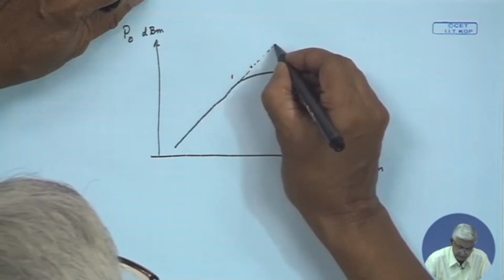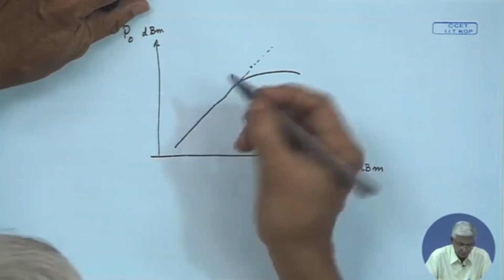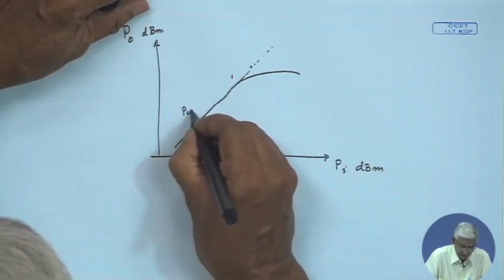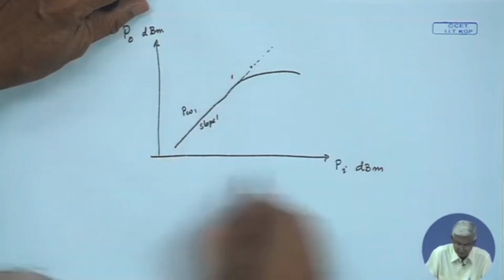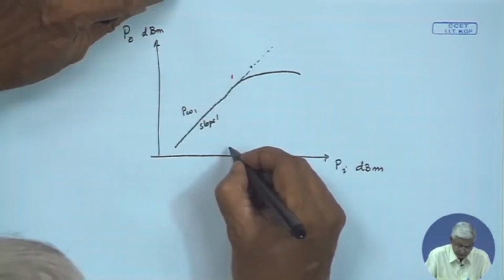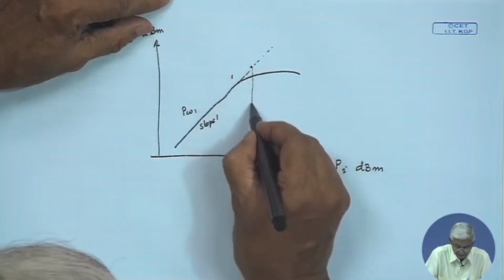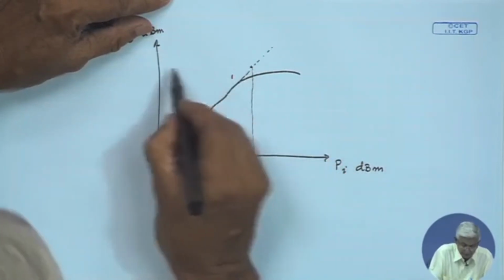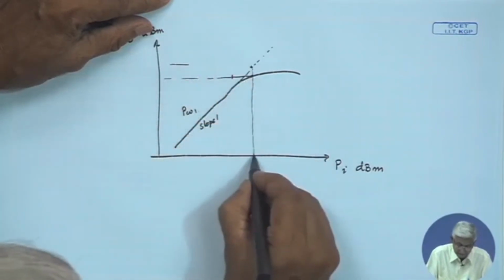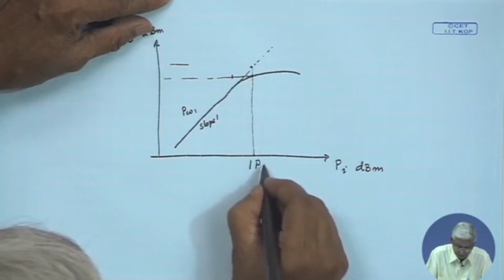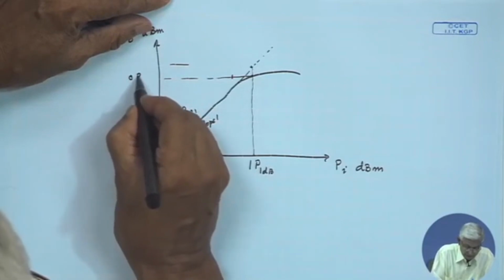Let us extend this linearity. This is, let us say, one of the components, that is P omega 1, the slope is 1 in dB. Let us define that 1 dB compression point. So, this was supposed to be our IP 1 dB and this is OP 1 dB.